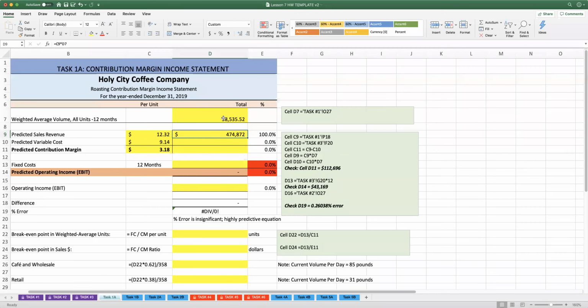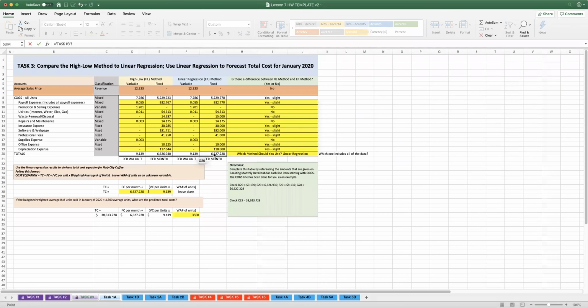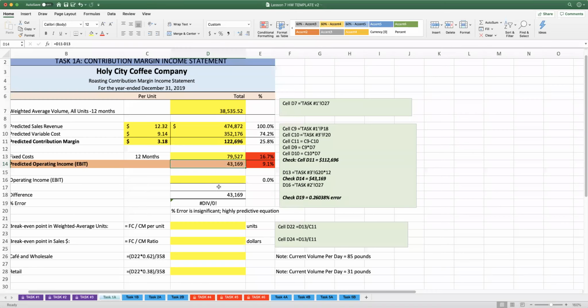It'll be your variable cost per unit times the number of units that you sold on average. Okay, so then you can just subtract them. Subtract again, and then let's get our fixed cost. So to get it on a yearly basis, times 12 for 12 months of the year. And there's what it's giving you for predicted profits.